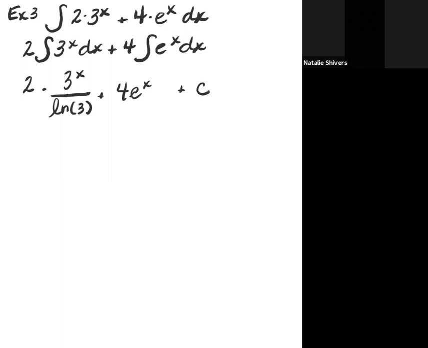So if you were to put it into one of the internet browsers that helps you solve one of these, you would maybe see 2 over natural log of 3 because those are all actual numbers times 3 to the x plus 4 e to the x plus c. So either or is fine. Doesn't matter to me.